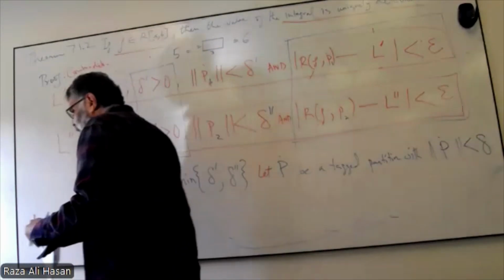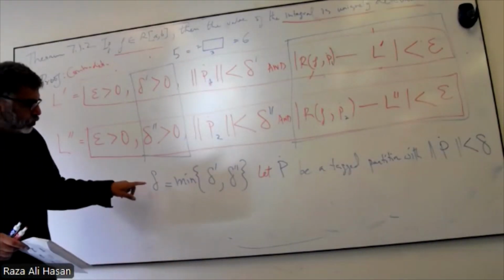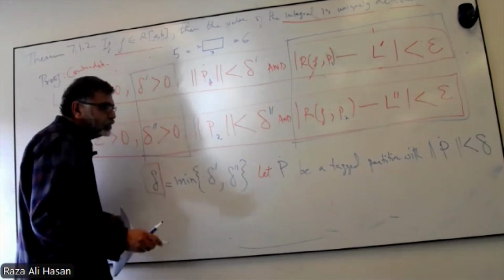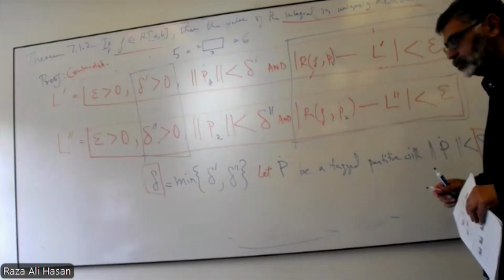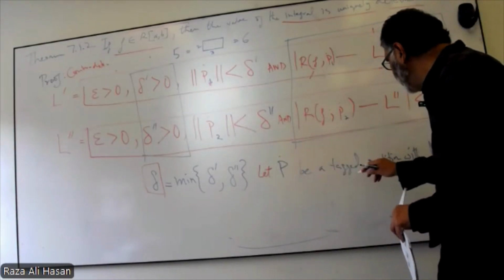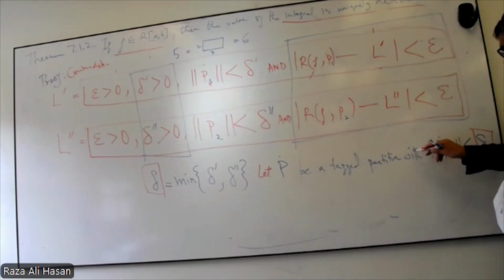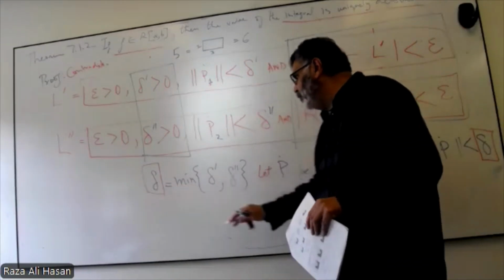So what's happened here? So this guy here is the same as this guy. Let P dot be the tagged partition with the norm of it being less than the delta that we just made.